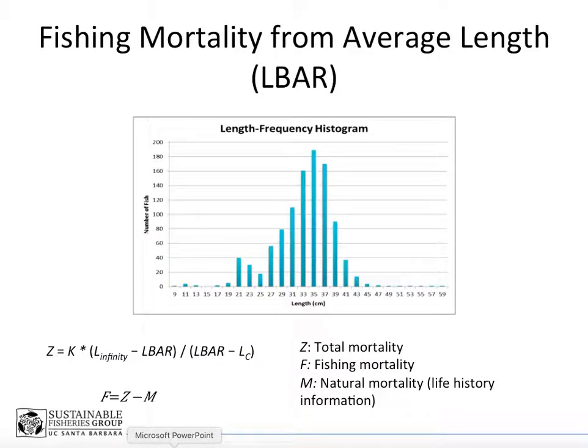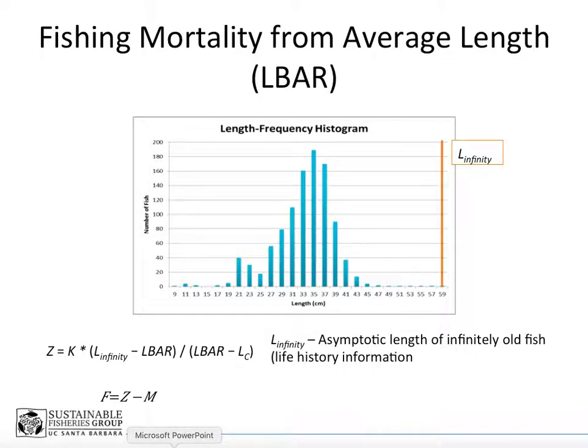Now to use this information, we can use an equation that converts some of our life history parameters and our length frequency histogram to get total mortality, Z, in this equation in the bottom left. And once we know total mortality, and if we know natural mortality, which is the life history parameter, we can calculate fishing mortality using this simple equation: F equals Z minus M. The way we do this is look at a couple lengths in relationship to our data.